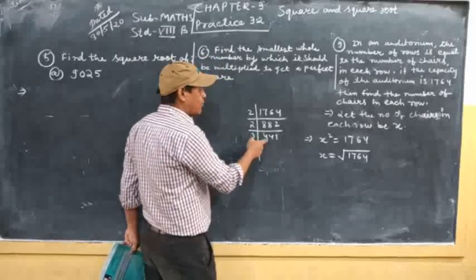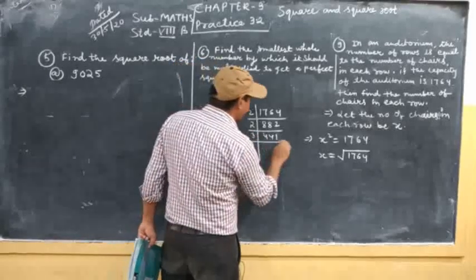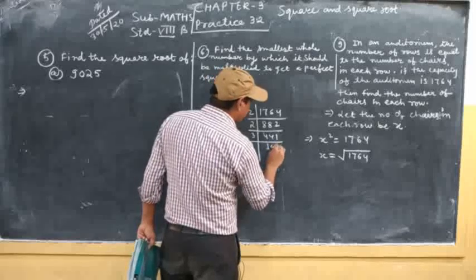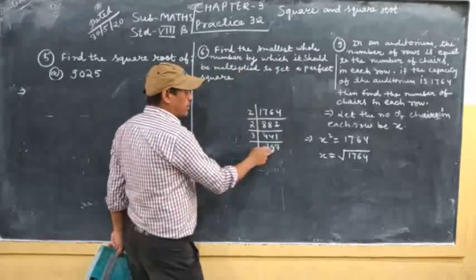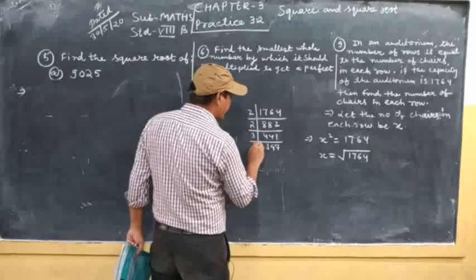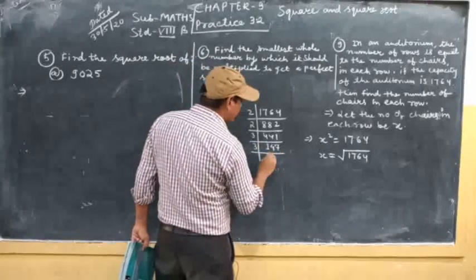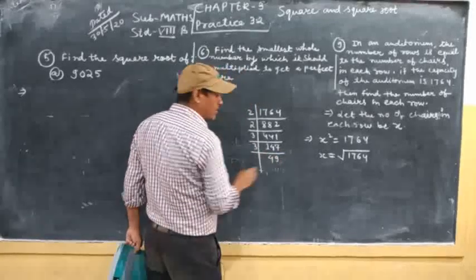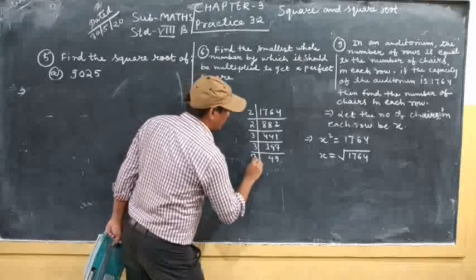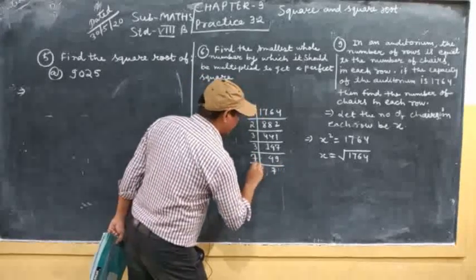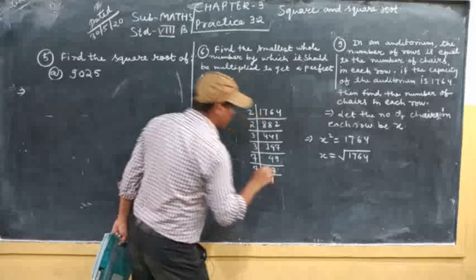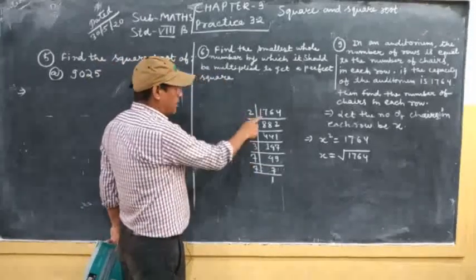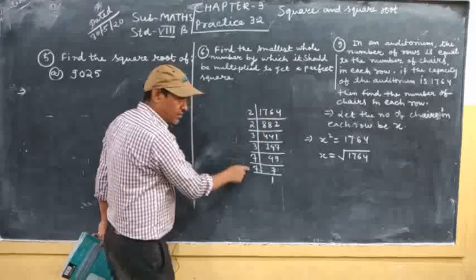So we divide 441 by 3, we get 147. Again 147 is divisible by 3, so we write here 49. 49 is divisible by 7, so we write here 7. 7 is divisible by 7, so 1. All these factors are prime numbers.